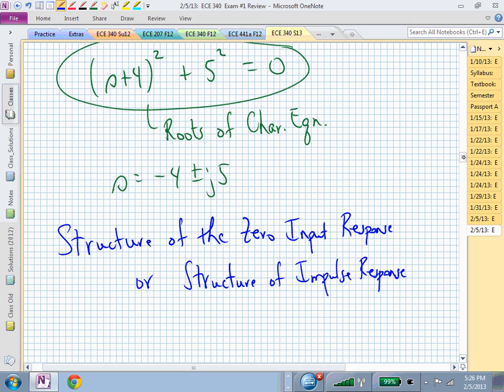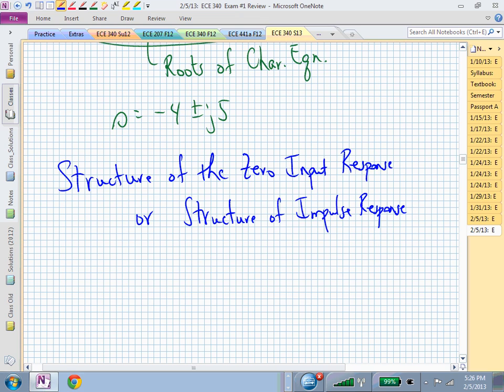What's the structure of those two responses going to be if we know we have roots at -4 plus and minus j5?